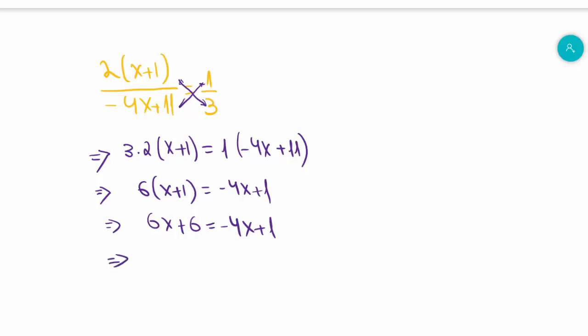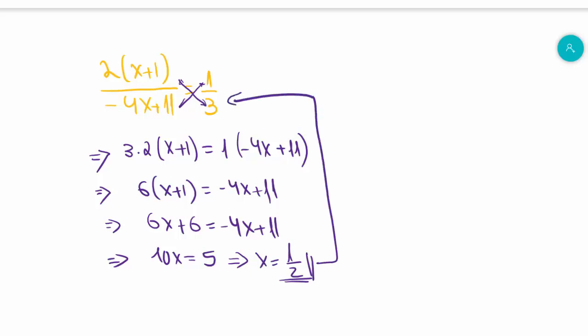Moving everything with x to the left side, it becomes 10x. Moving 6 to the other side, it becomes plus 5. As a result, x is equal to 1/2. This is the solution for the given linear rational equation.